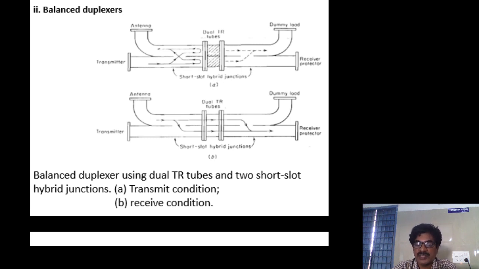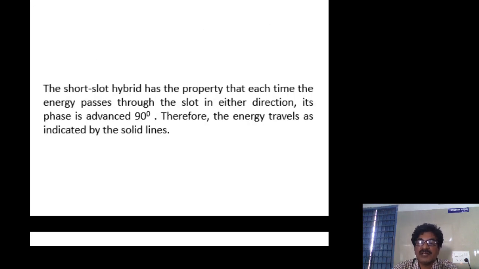Here you need to take the property of the short slot hybrid junction: when energy enters the slot in either direction, it takes a phase shift of 90 degrees. Using that, the signal flow is represented.